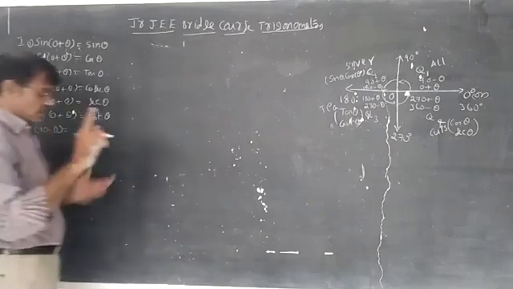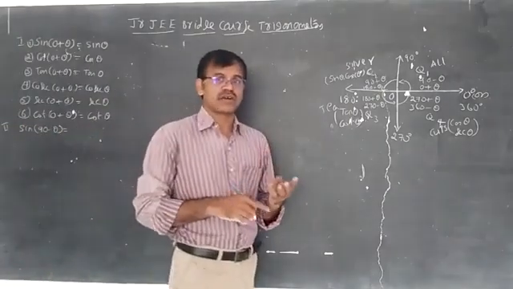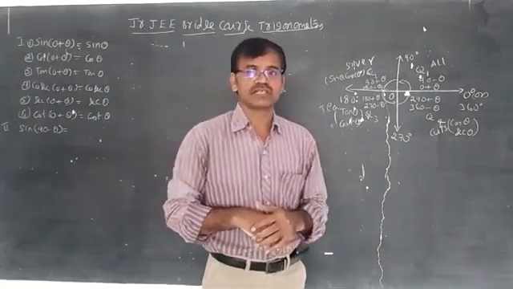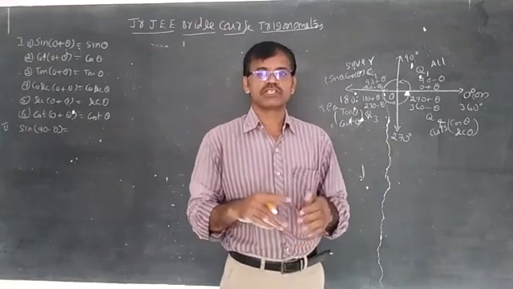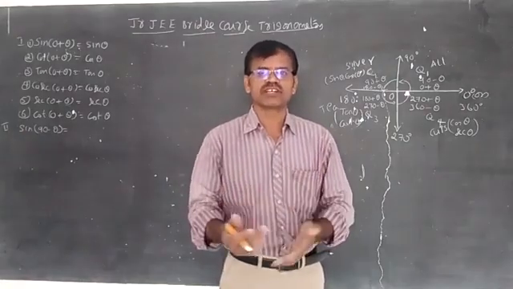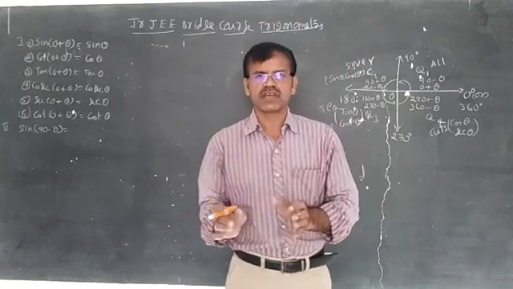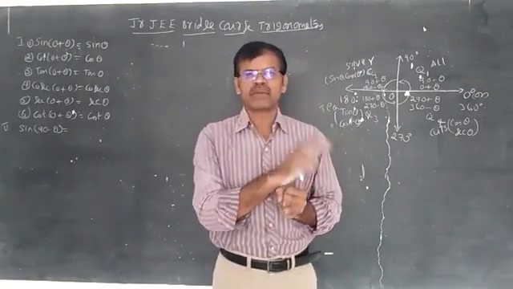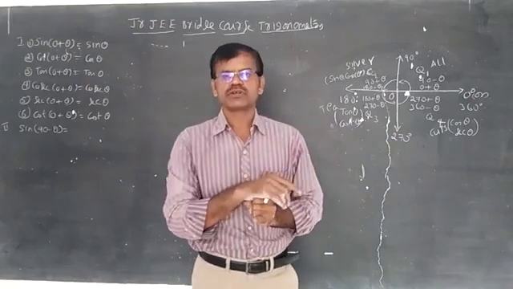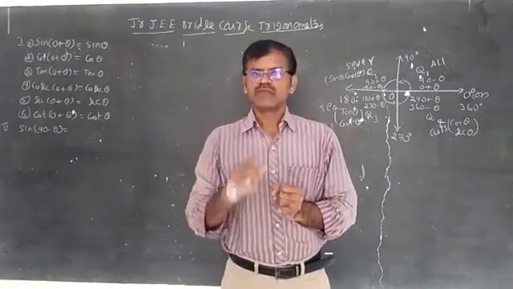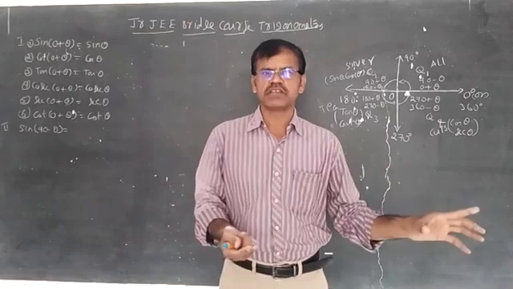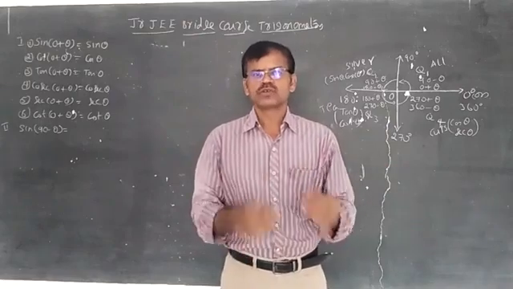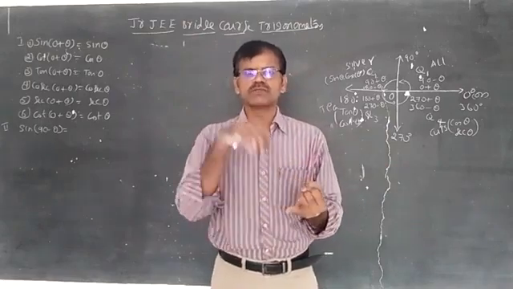And the third formula I said: in the case of 90 degrees and 270 degrees, the trigonometric functions will be changed into their respective co-functions. Co-function means here, sin: just put co before it, cosine. If cosine is there, simply delete the co. So sin becomes cos, cos becomes sin.